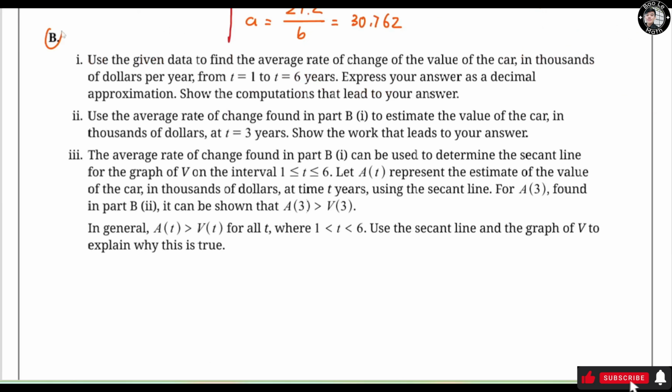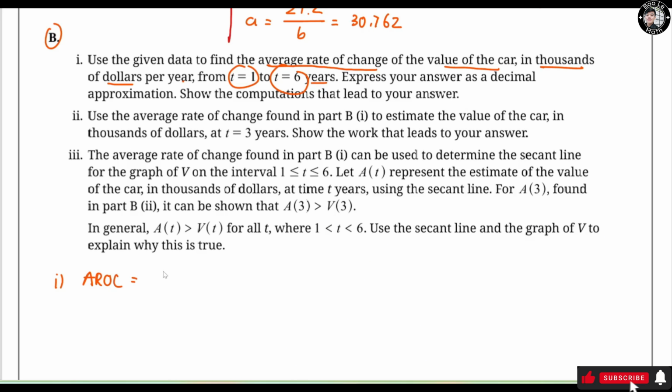Now question B. Use the given data to find the average rate of change of the value of the car in thousands of dollars per year from t equals 1 to t equals 6 years. Remember, average rate of change equals f of b minus f of a over b minus a.